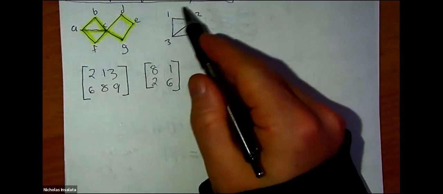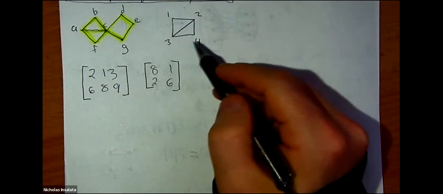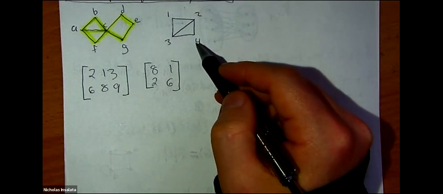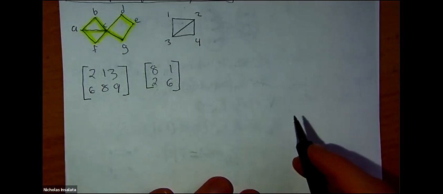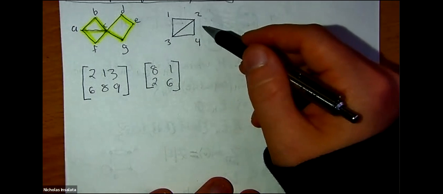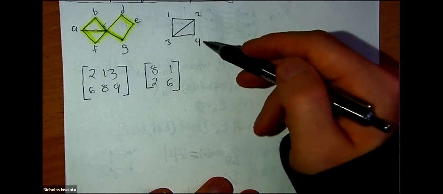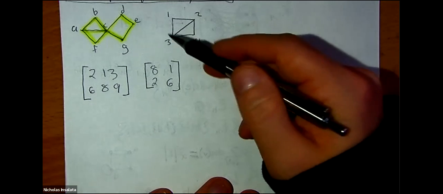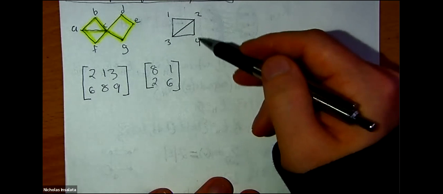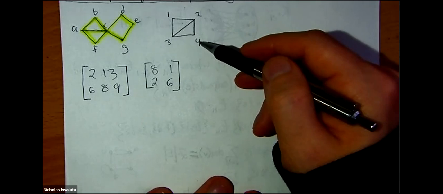Now, what we're going to talk about is called an adjacency matrix. What that's going to do is provide an encoding for our graph in a matrix. Here's how it's going to work. The shape of the matrix is always going to be square for our encoding, and the size is always equal to the number of vertices.